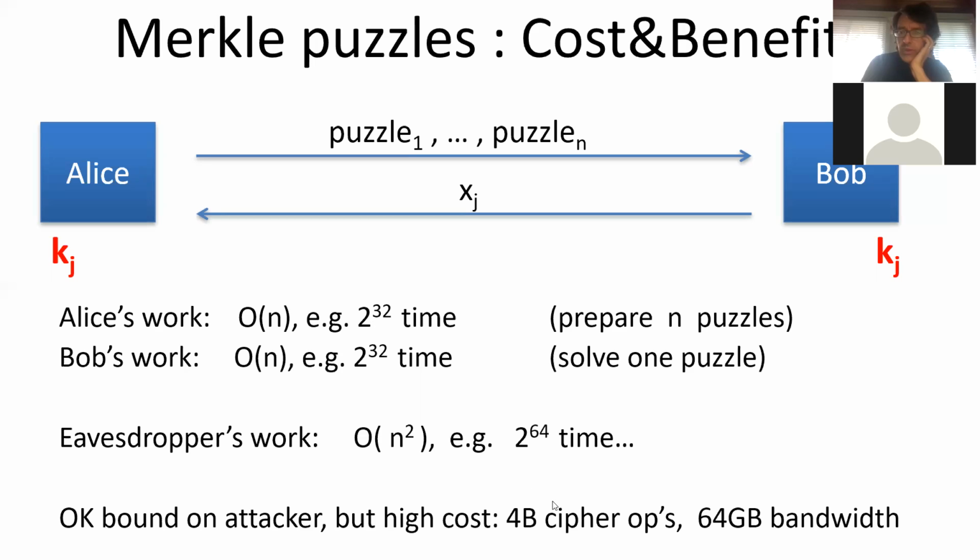Bandwidth like this, 4 billion ciphertext, is something you would like to avoid if you have to encounter such a bandwidth just to establish a key between a client and a website, or one cell phone and another, or a cell phone and a base station. And all you got out of this is some edge over the bad guy, but it's not a great edge.